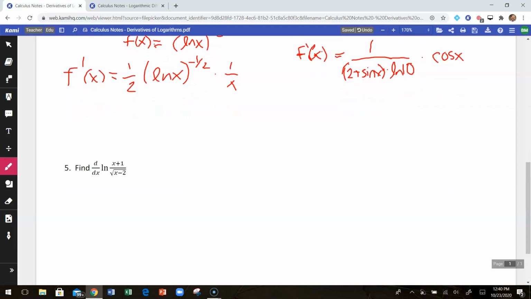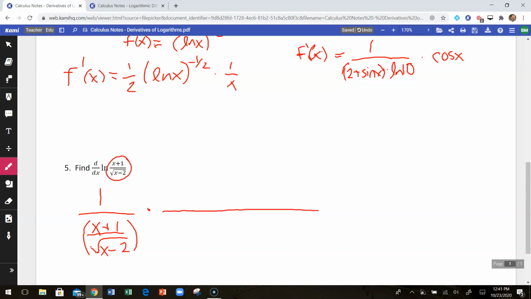And the last one, we want to differentiate the natural log of x plus 1 over the square root of x minus 2. There's a lot of stuff involved here. I'm going to start with the outside function, which is the natural log. So that's 1 over the original function, which would be x plus 1 over the square root of x minus 2. And then we're going to chain on the derivative of the inside function, which means I need to do the derivative of this, which is a quotient.